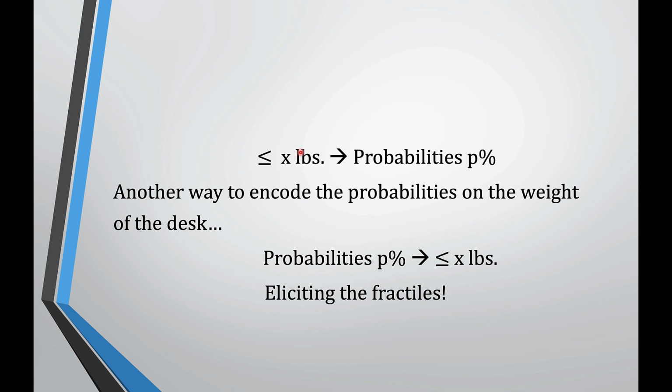Now, instead of doing things this way, we can start with the probabilities and then figure out what is the pound that corresponds to the cumulative probability. That is equivalent to saying that we're trying to think about the fractiles of the weight of the desk.